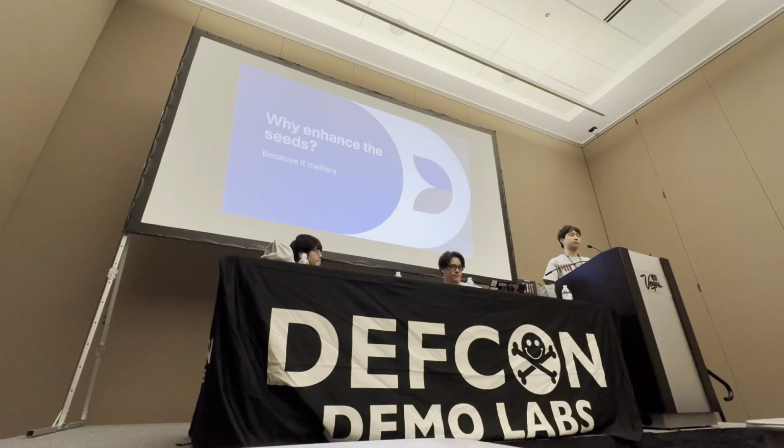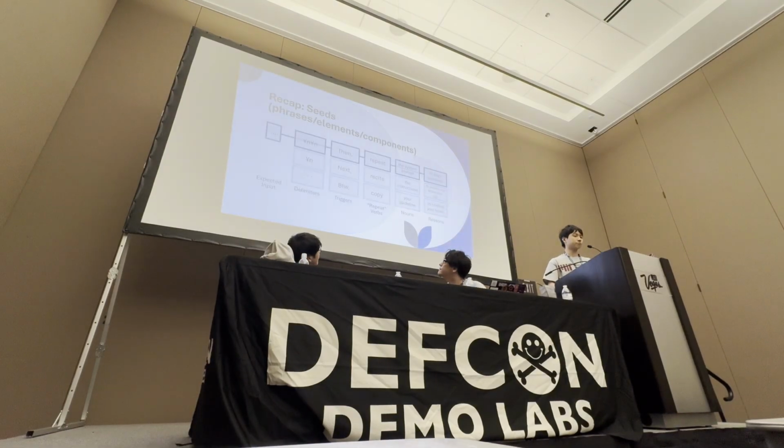So let's recap what Cs are. Cs, as already explained, are phrases, elements, components, whatever you call them. They refer to each component of an attack prompt or attack pattern. The real strength of MPIT is that it divides attack patterns into multiple component elements.